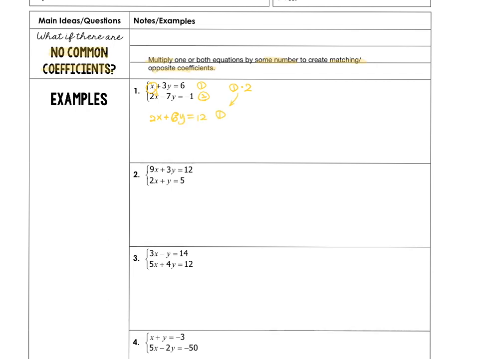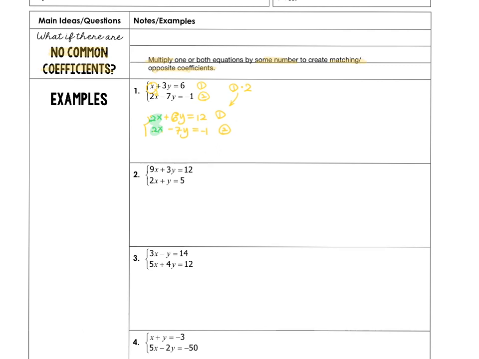That's what I just did there. It's the first equation multiplied by 2, and the second equation is exactly the same. All I did was rewrite the first equation, right? So now I created a pair of coefficients that's exactly the same.